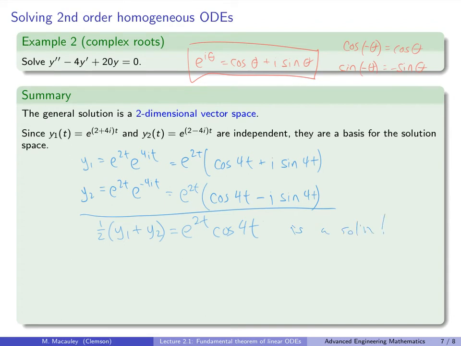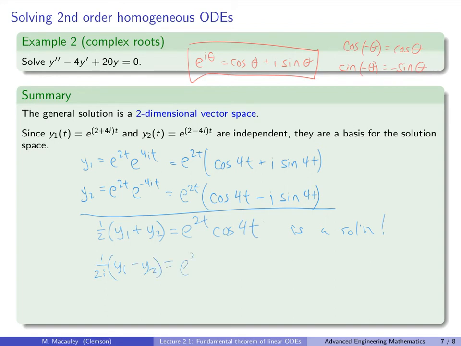Now what else could we do instead of adding these things up? We could have subtracted them. Well, if we subtract these two, then the cosines cancel, and we are left with 2i sine of 4t times e to the 2t. So let me write that out: 1 over 2, let's divide by i as well, times y1 minus y2.